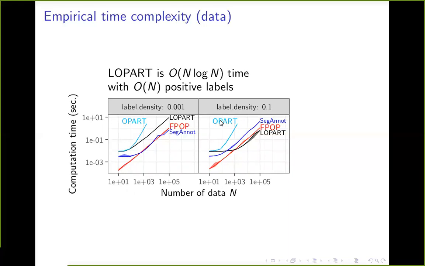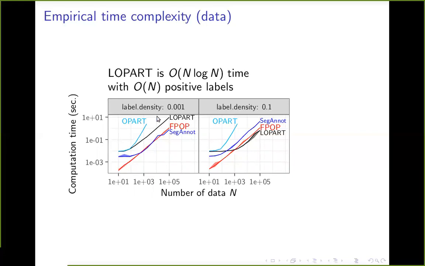That means the number of labels is proportional to the number of data points. So as we get more data points, we're also getting more labels. In this scenario, all 3 algorithms here, LOPART, FPOP, and SegAnnot, seem to be log linear, so quite a lot faster than the previous OPART algorithm.